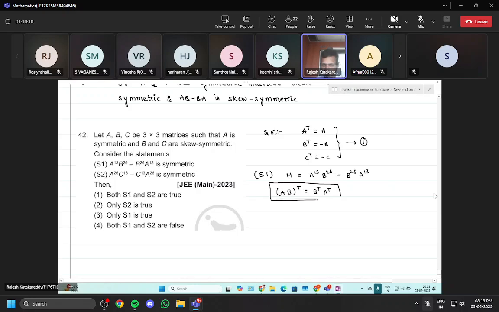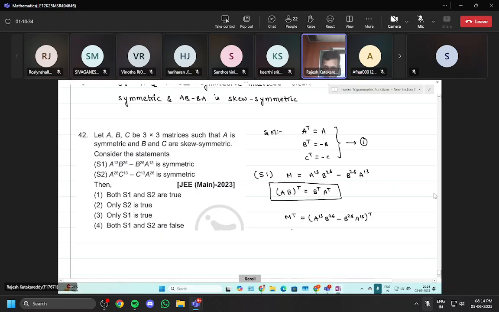Let us do the transpose. If I am getting M transpose equal to M, it is a symmetric matrix, or else not. So A power 13, B power 26 minus B power 26, A power 13 whole transpose. Transpose is distributive over addition and subtraction.